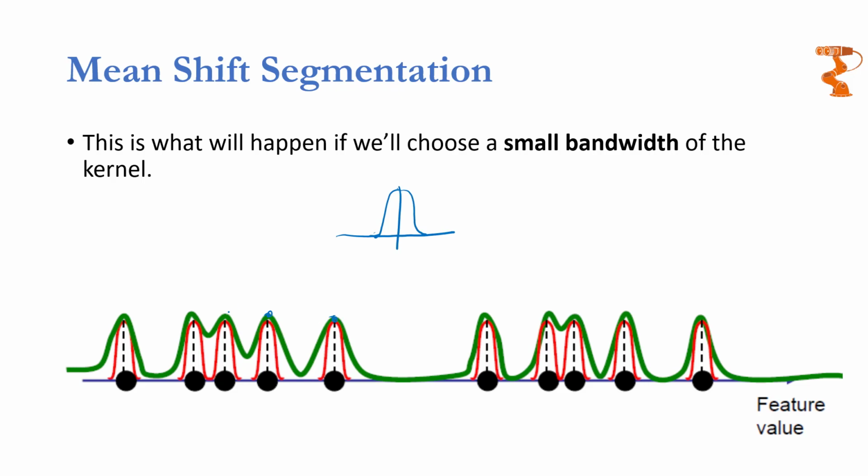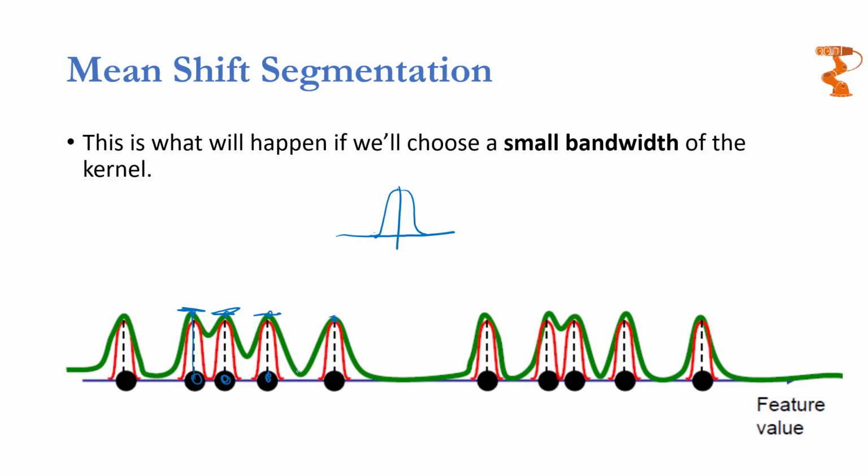So there will be no movement of these points because, for example, this point is already at a zero gradient. It is at a peak. This point is also already at a peak, and this point is also at a peak.